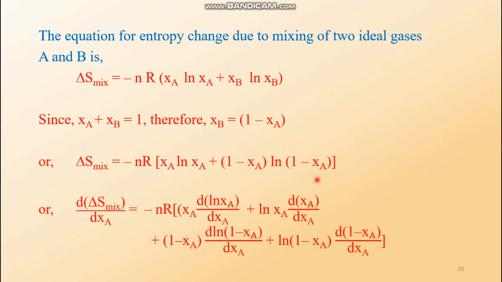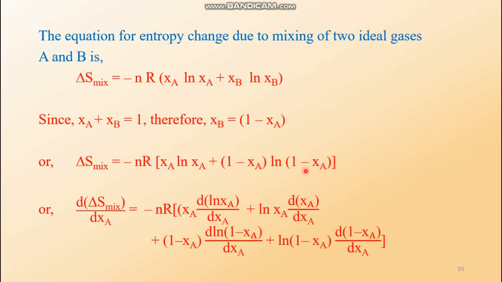It is B into dA/dx plus A into dB/dx, isn't it? So the first term constant, differentiation of the second term, plus the second term constant, differentiation of the first term. So here minus NR is common, XA is taken as constant and ln XA is differentiated. The next time, ln XA is taken as constant and XA is differentiated.